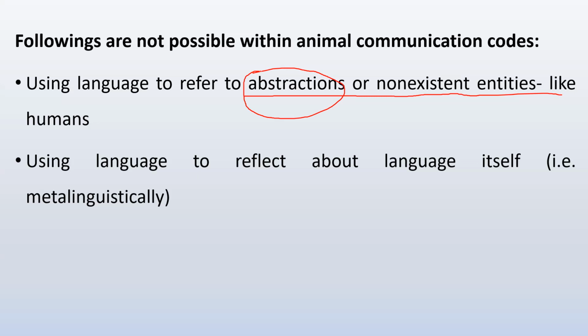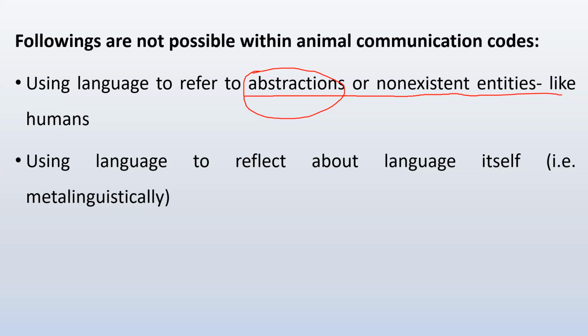Now in English, we have abstract nouns. Abstract nouns are the nouns that we use to refer to intangible things. Intangible means the things which do not have any physical presence, things which we can't see, we can't touch, we can't smell, we can't feel.